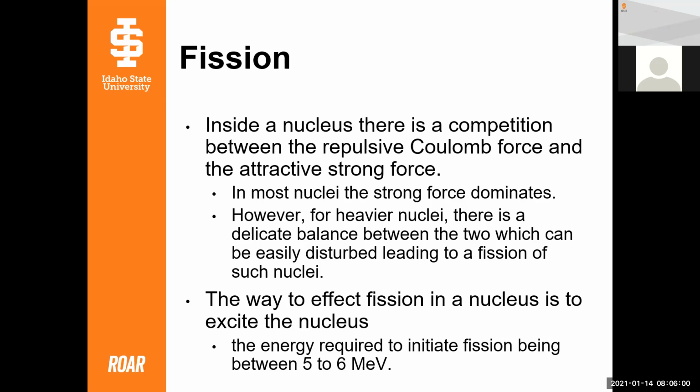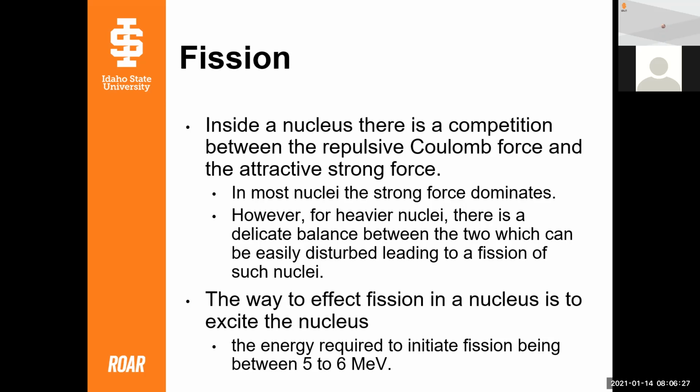There's also a strong force that does the same thing. Most atoms, the strong force is stronger. But when we start getting into our heavy nuclei, like what we use in the nuclear industry for fuel, these two forces have a balance, okay?